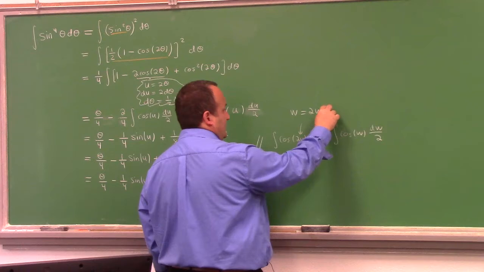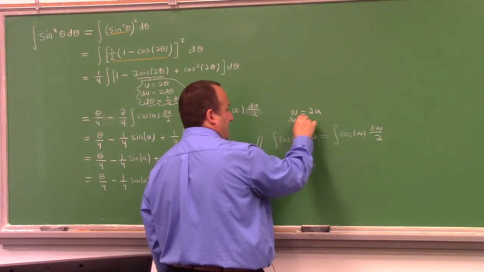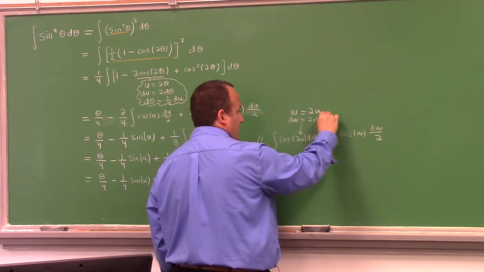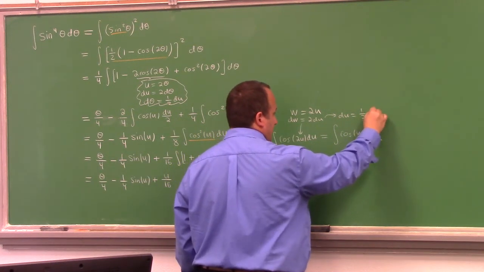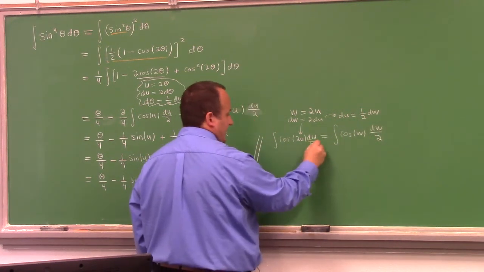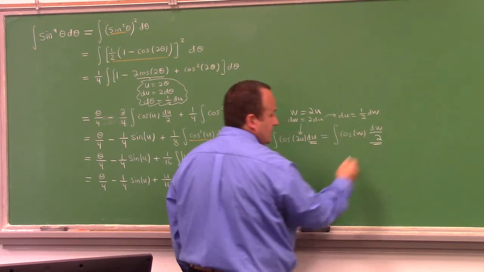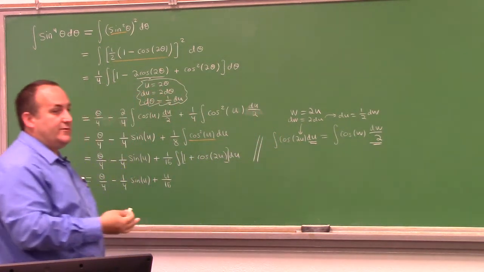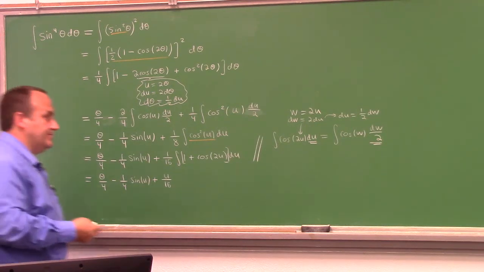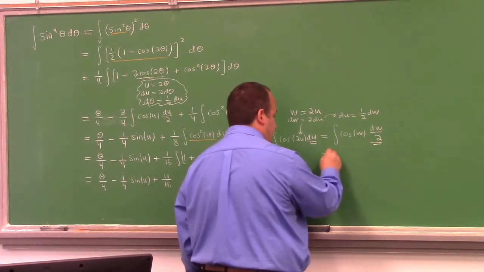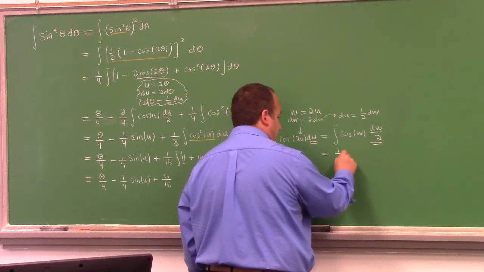See, because this says that dw is 2 du, which says that du is 1/2 dw. So if I swap out this du, I get 1/2. The point is, because we got a 2 there, we're going to have to divide by 2 in the antiderivative. So you're almost right. It is a sine of w, but we got to divide by 2.